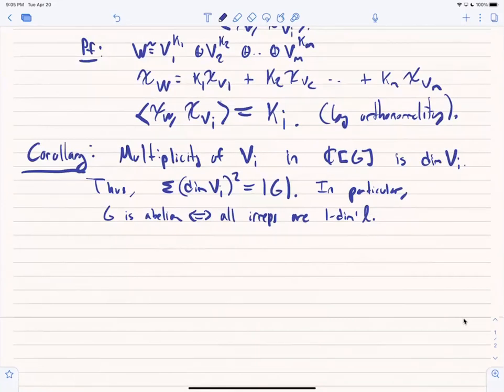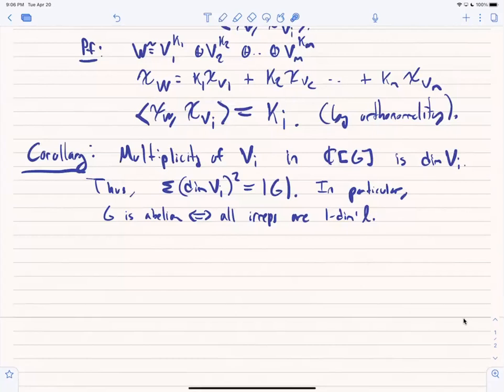Okay. So let me say why this in particular holds. Well, we know the number of irreducible representations is the number of conjugacy classes. And the number of conjugacy classes is equal to the size of G if and only if the group is abelian.